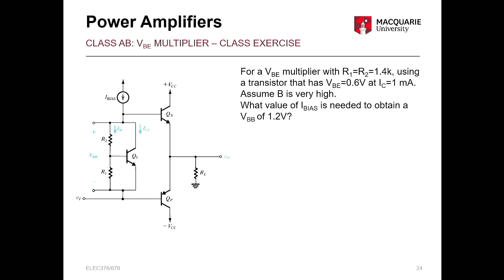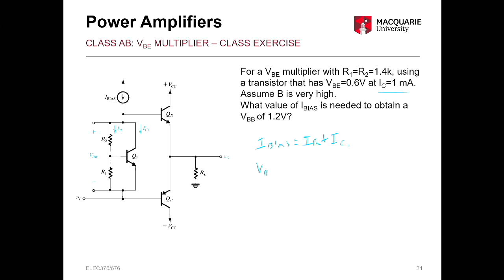And just to go through that, as we just showed, I bias is equal to IR plus IC1, and we have IC up here. So we just need to find IR, and there's a couple of ways to do that based on the previous equations.